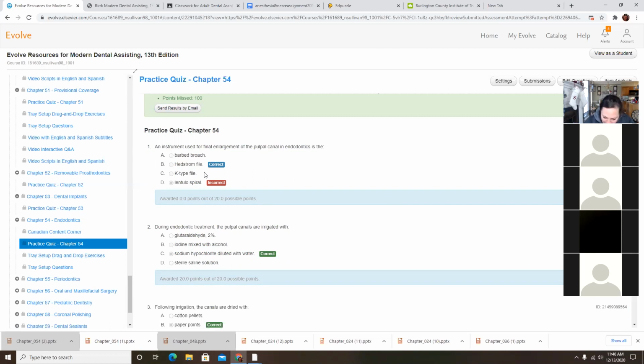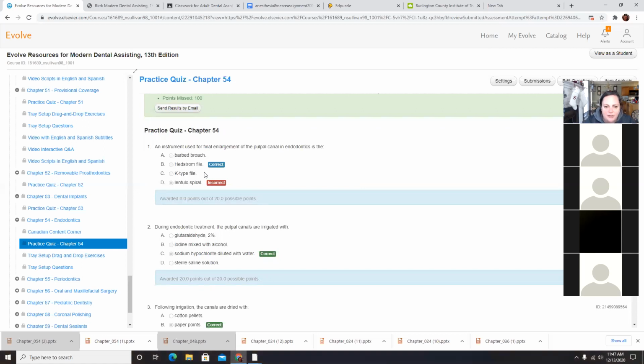Okay, so the Hedstrom files are going to be used for final enlargement of the canal after a Gates-Glidden burr or a Peso reamer has been used. The H-type file has spiral edges so that cutting occurs only on the pulling, making the dental wall smooth and easier to fill.